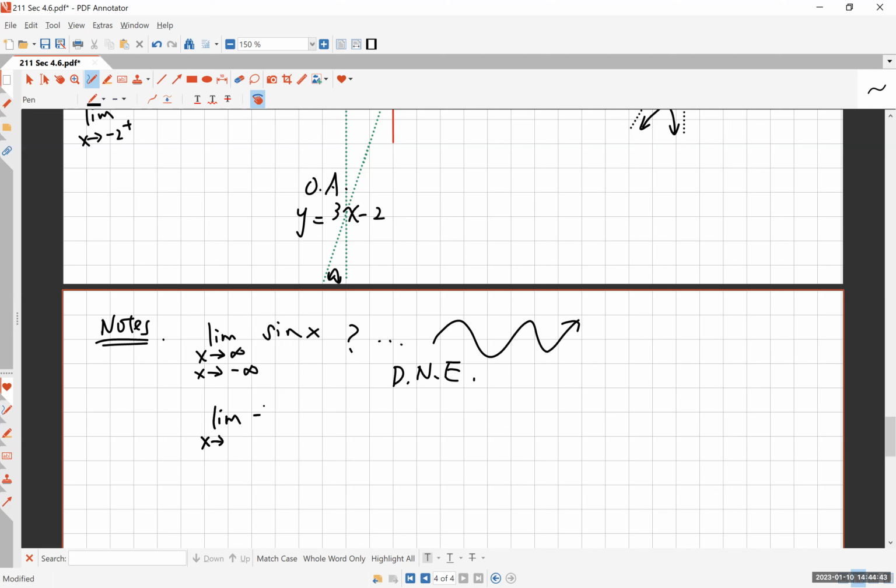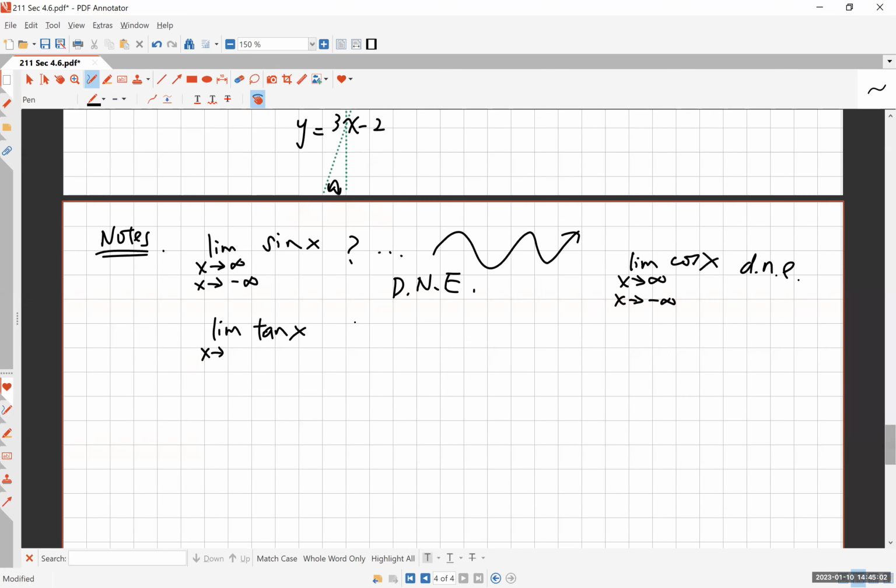And how about the tangent function? Oh, by the way, the cosine is the same thing. The cosine function, because it goes up and down, does not have a limit, and neither does the limit as x approaches negative infinity. All right, the tangent function goes like this.